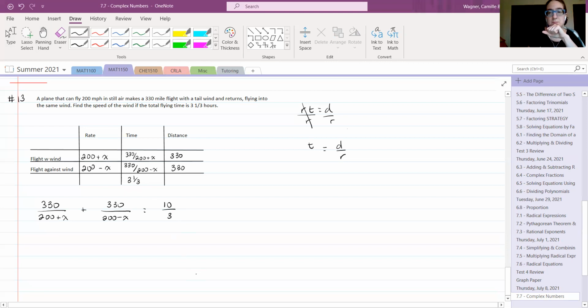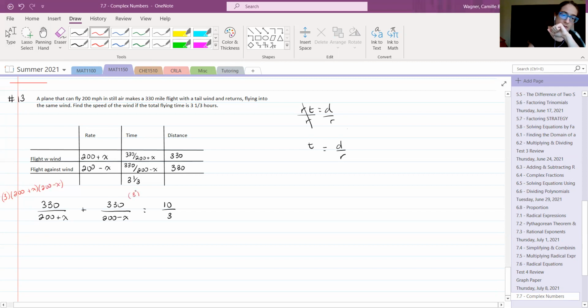I think that's going to possibly end up working out better for us. So now we have to eliminate the fractions. In order to eliminate the fractions, we're going to multiply by the LCD. So our LCD here is going to be 3 times 200 plus x times 200 minus x.